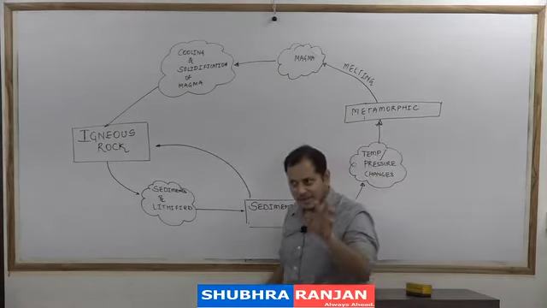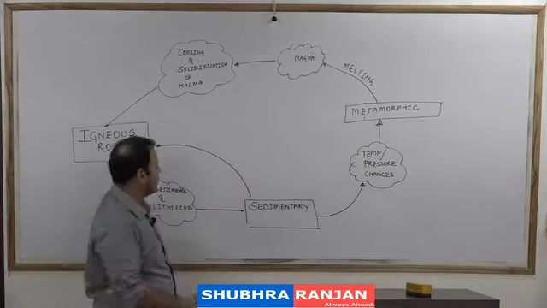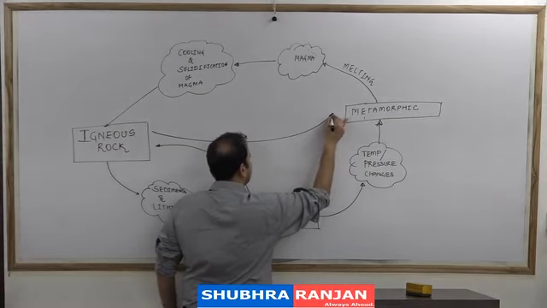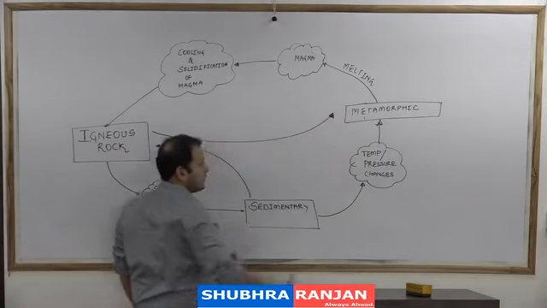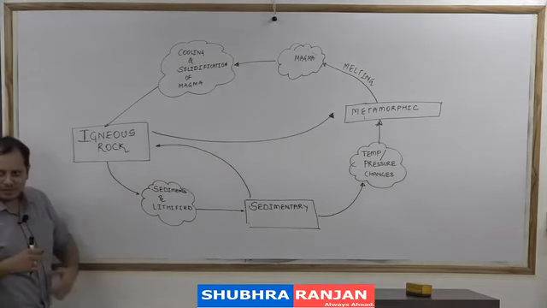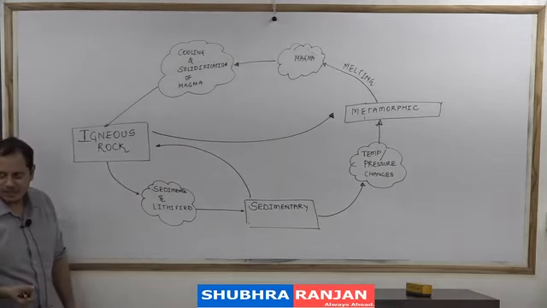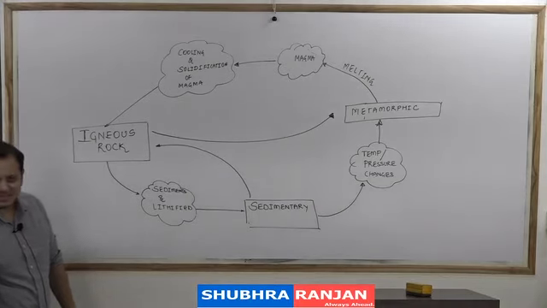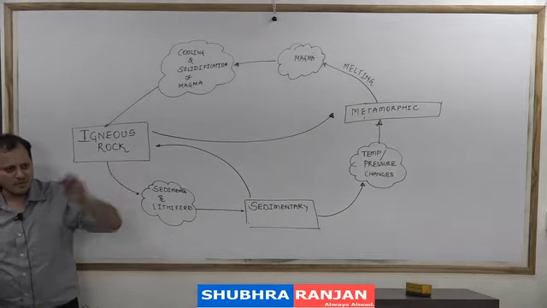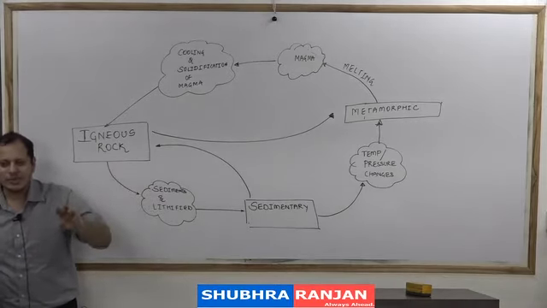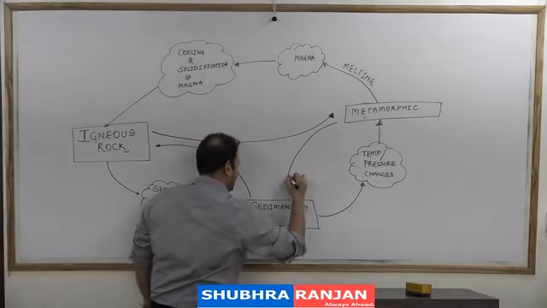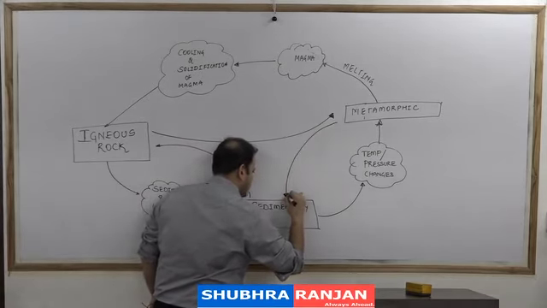Similarly, granite is getting converted to gneiss. So can I say igneous rock can directly get converted into a metamorphic rock? Right? And you take marble, crush it and mix it in the soil. What will happen? Sediments. And from the marble, calcium will be removed, magnesium will be removed, and from that different types of rocks will form. So can I say metamorphic rock can also over the period of time become sediment?